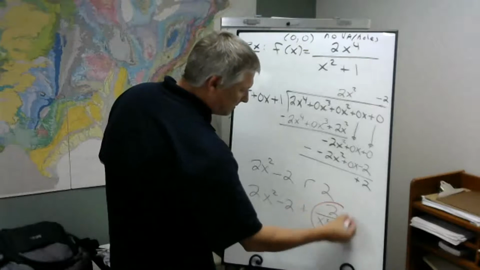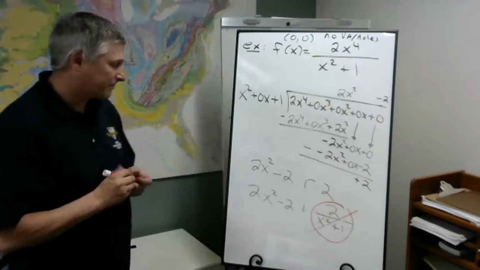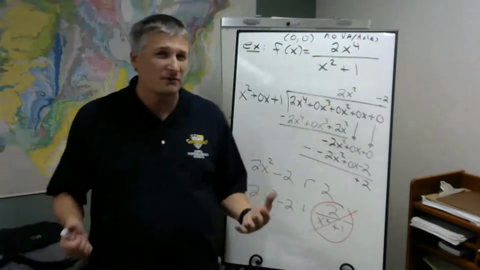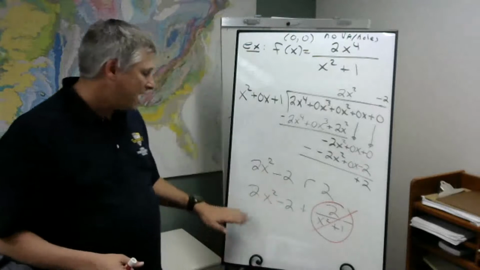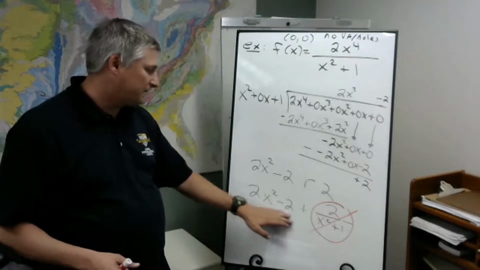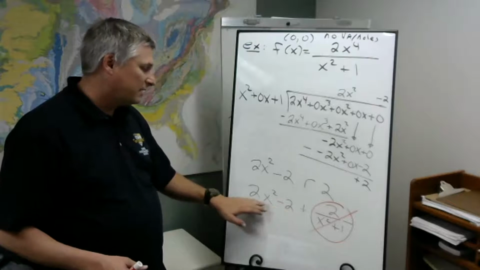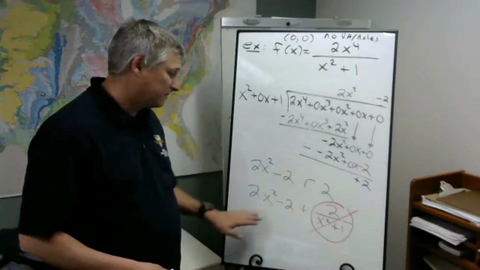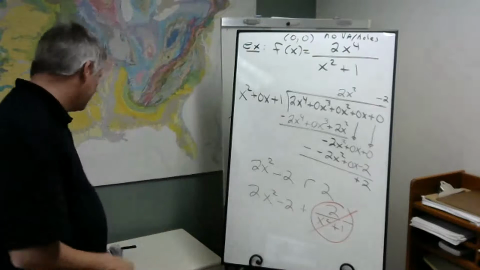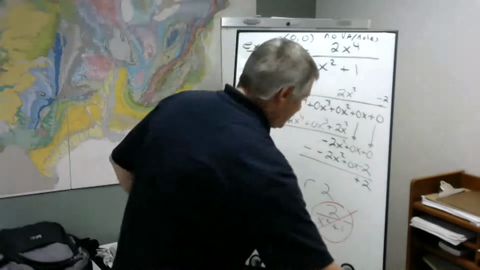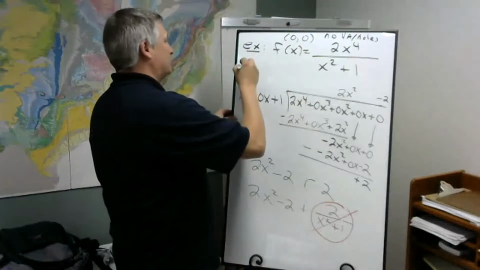So this remainder is going to go away. So for large values of x, our function is going to eventually follow this. So I'm just going to call it an asymptote of sorts.